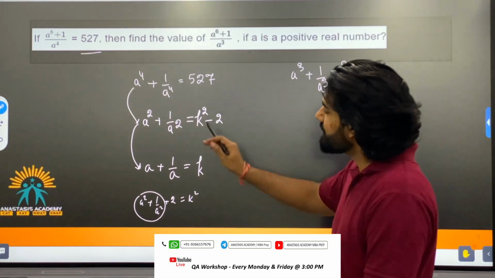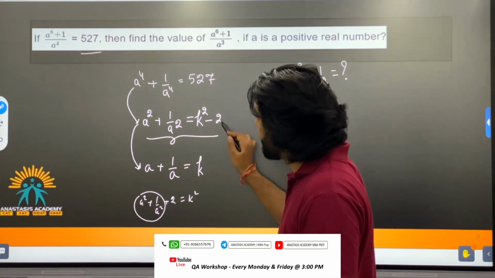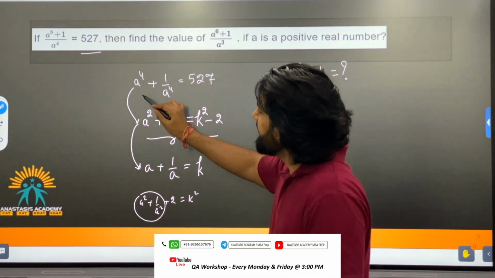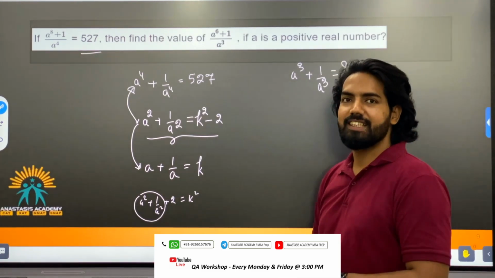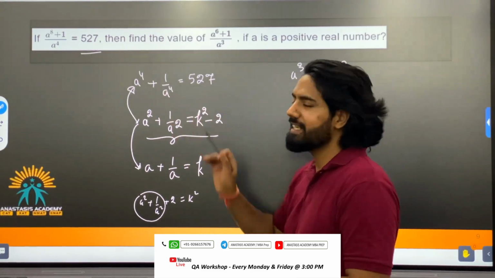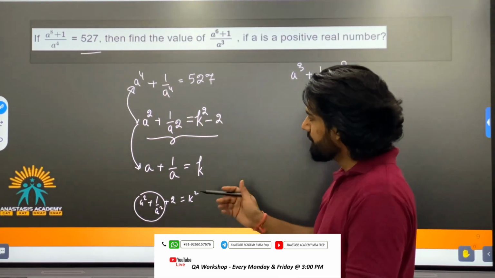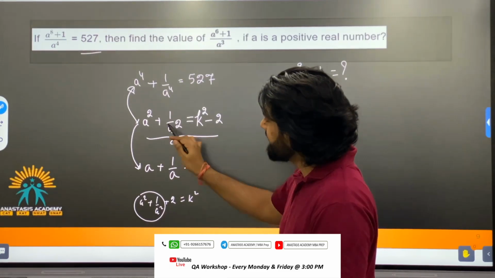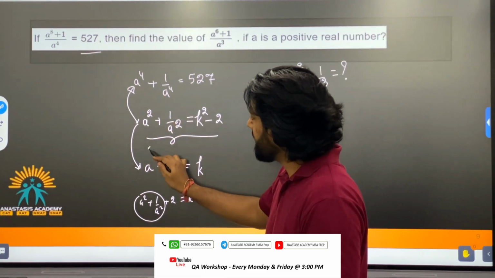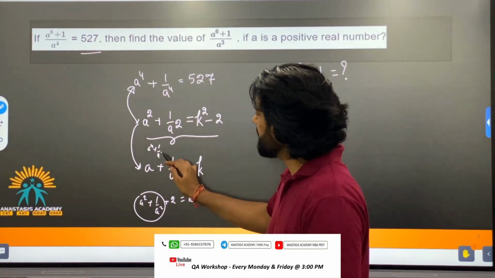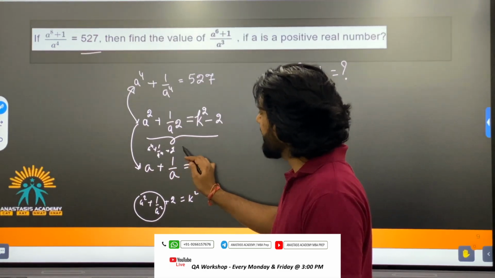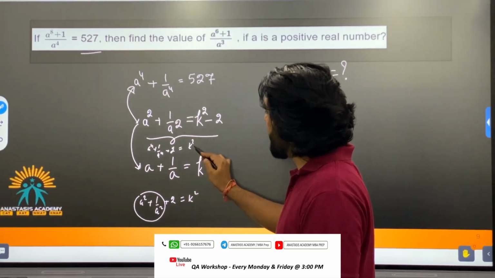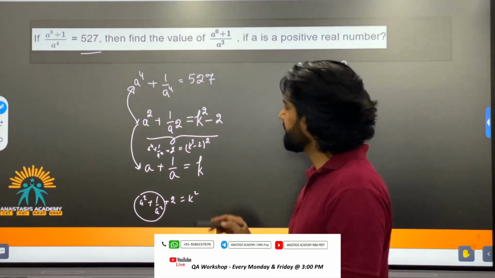And if I again square this equation, I would reach this step, a raised to the power 4 plus 1 upon a raised to the power 4. So let's just square these two sides. It becomes a raised to the power 4 plus 1 upon a raised to the power 4 plus 2 is equal to k square minus 2 whole square.